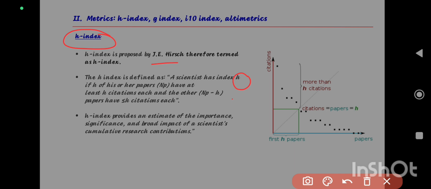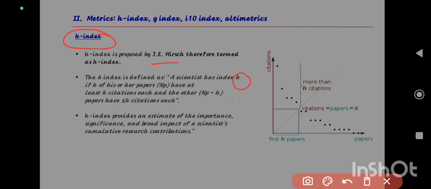If I explain it in detail, it is an estimate of the significance or the importance, and it gives a broad impact of the scientist's cumulative research contributions. So what is H index? Say for example, a scientist has 10 papers having 10 citations each, that is his H index.